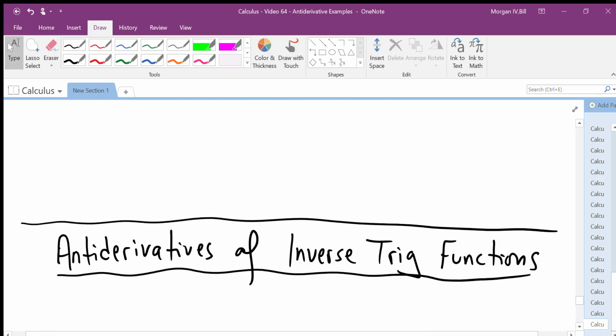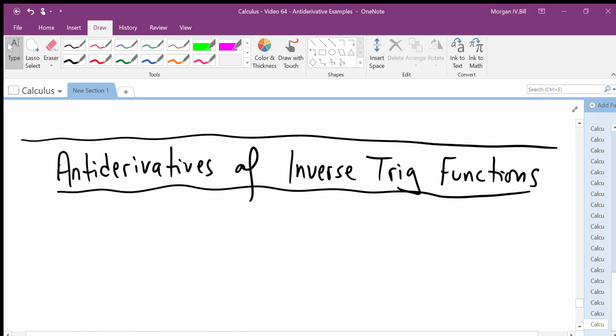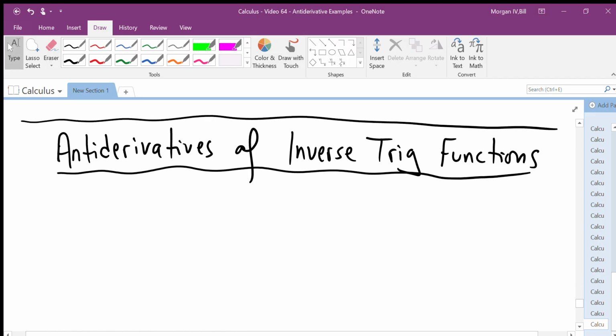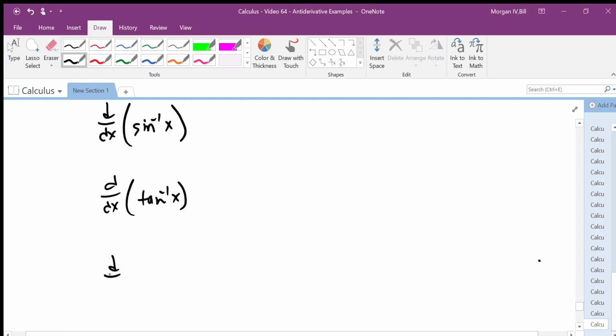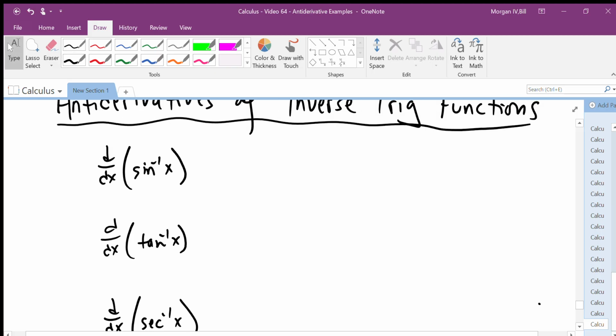Finally, antiderivatives of inverse trig functions. There were 3 that I cared about the most. That would be the derivative of inverse sine of x, the derivative of inverse tangent of x, and the derivative of inverse secant of x. And the reason was because these had positive derivatives, whereas the other 3 had negative derivatives.